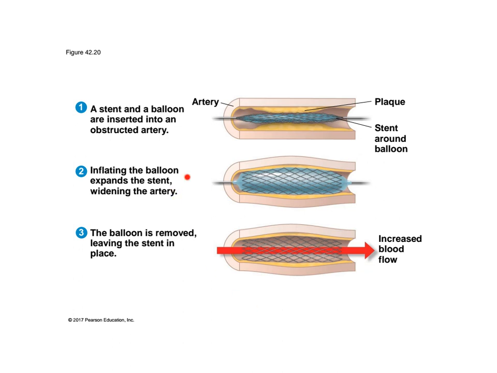So one treatment for blockage of the coronary arteries is to use a stent and a balloon. These are inserted into an obstructed artery. It could be other places in the body also. The balloon is inflated. This expands the stent and widens the artery, helps to maintain it open. Eventually, the balloon is removed, leaving the stent in place, and this leads to increased blood flow.